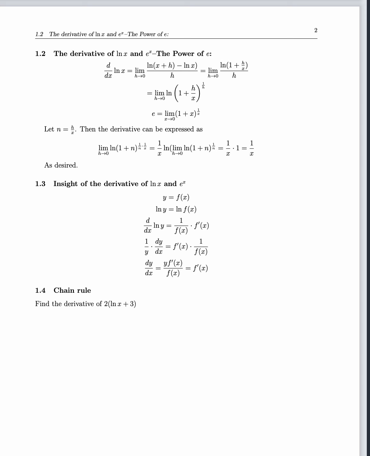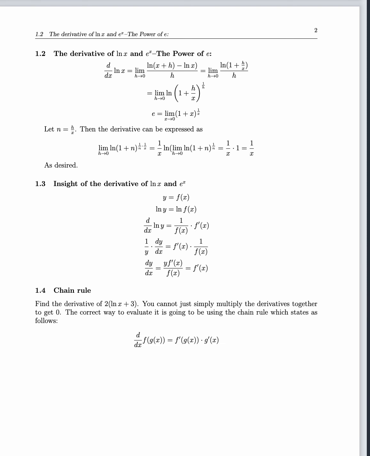The correct way to evaluate it is using the chain rule, which states as follows. When we want to find d over dx of f of g of x, it is equal to f prime of g of x times g prime of x. Let me interpret this really quick.